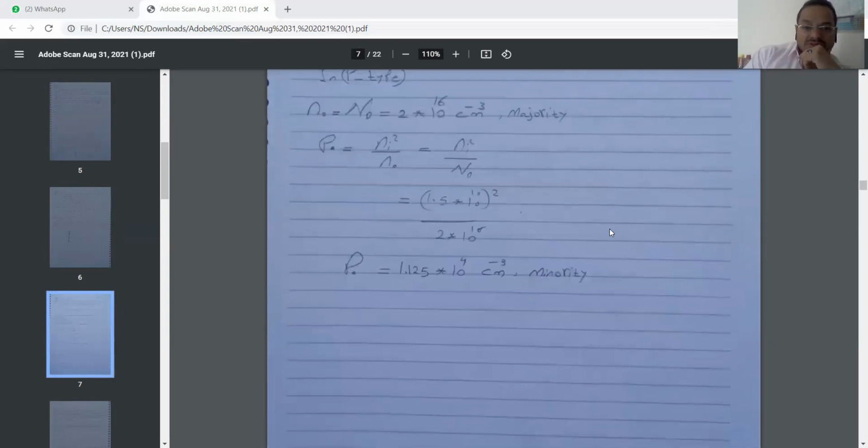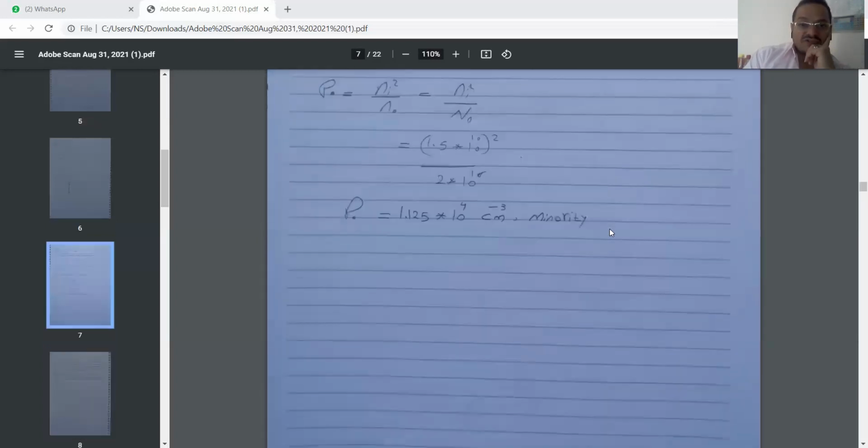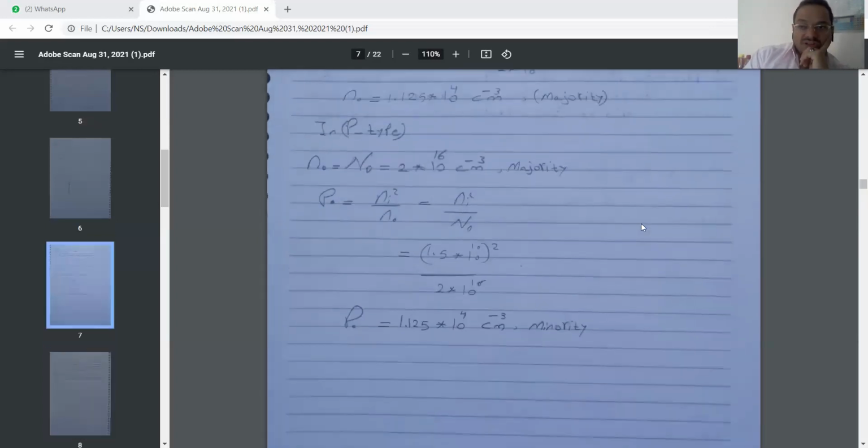It's important because other doctors use these words. It's not necessary to say concentration of holes; maybe use majority and minority instead.